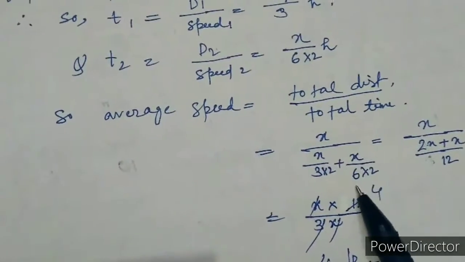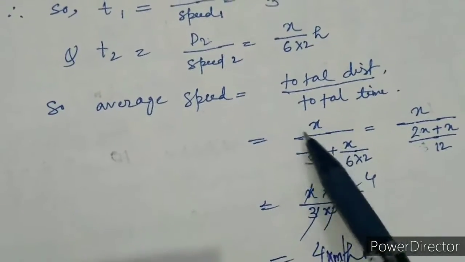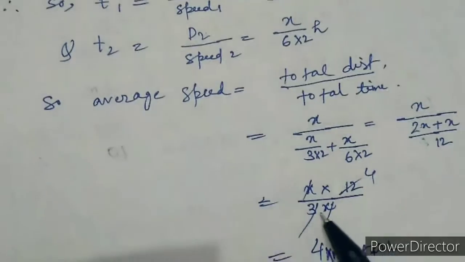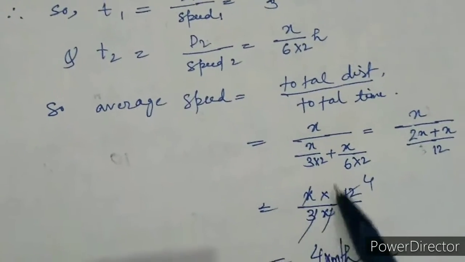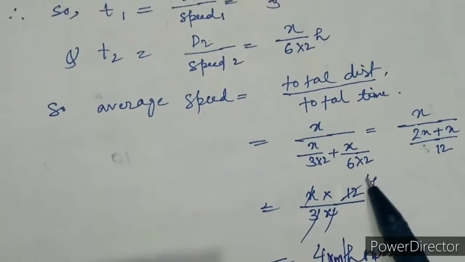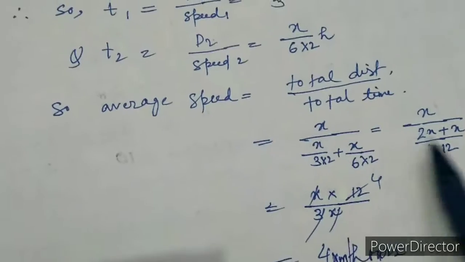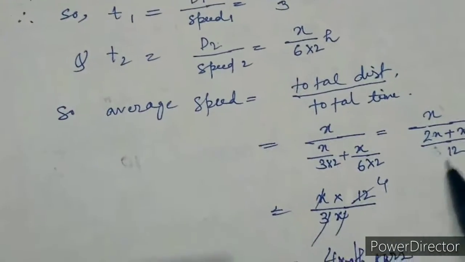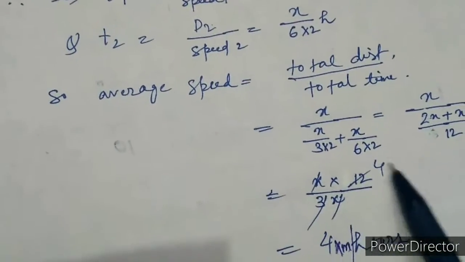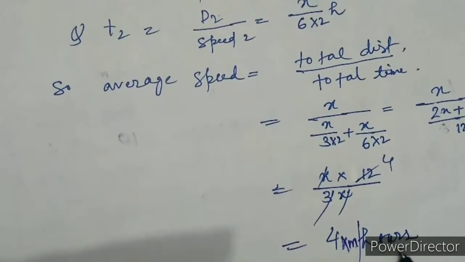This one I have not calculated initially because I will calculate at the end. Now the LCM will be 12, and by calculating you will get it in this way, so it will become 4 km per hour.